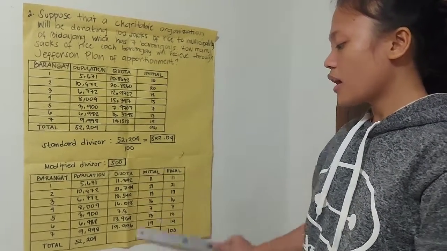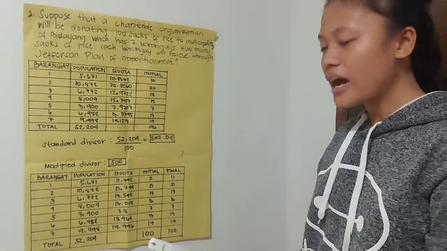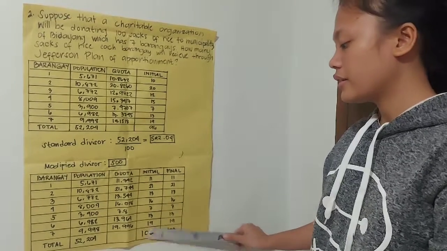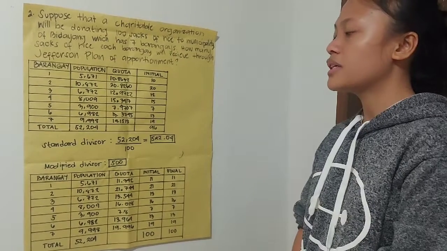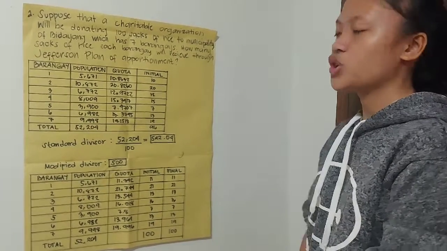And to sum them all up, we now have a total of 100. So, that is how the Jefferson Plan of Apportionment works.